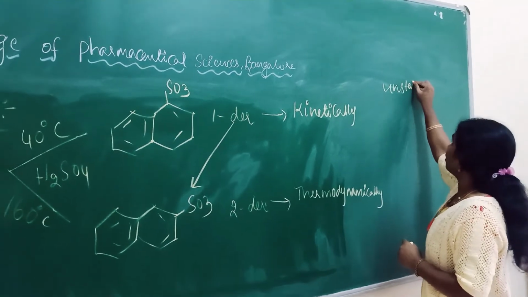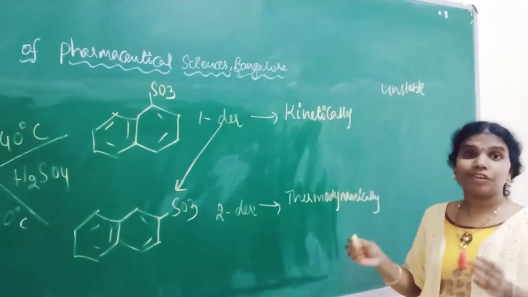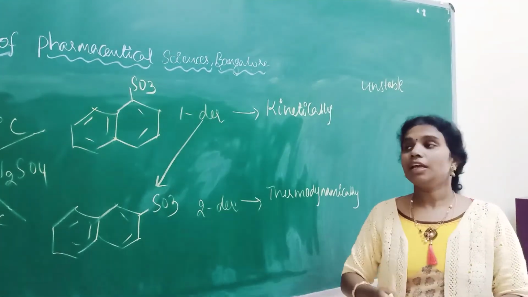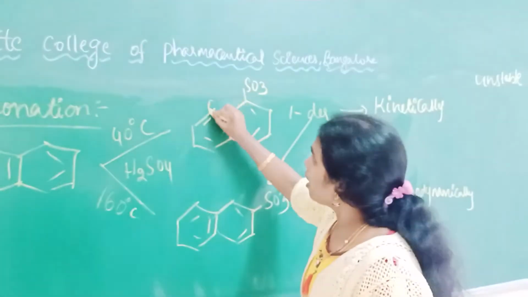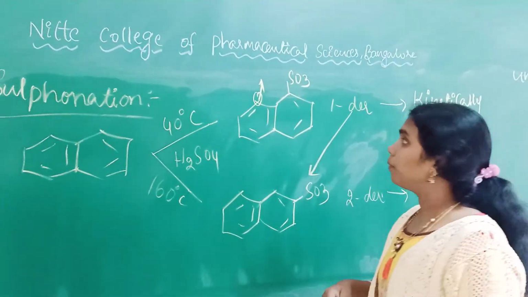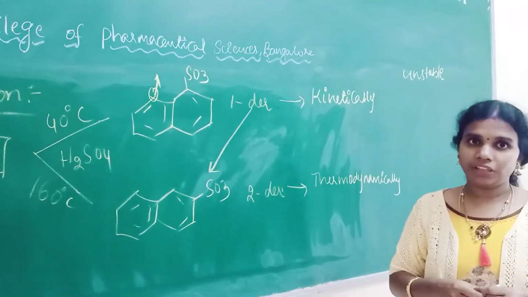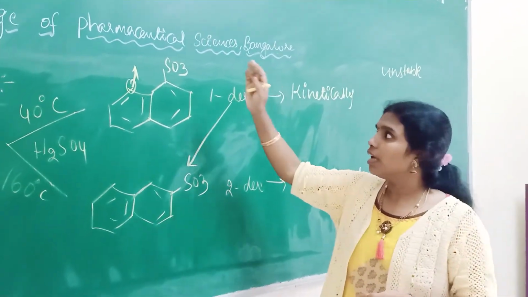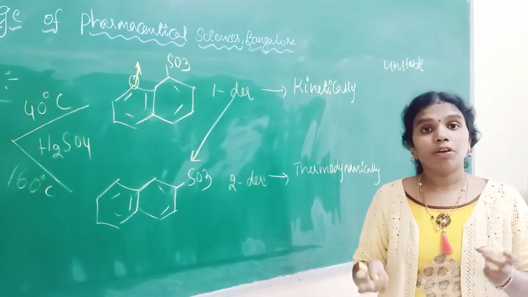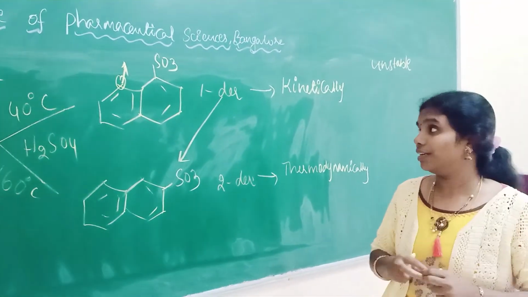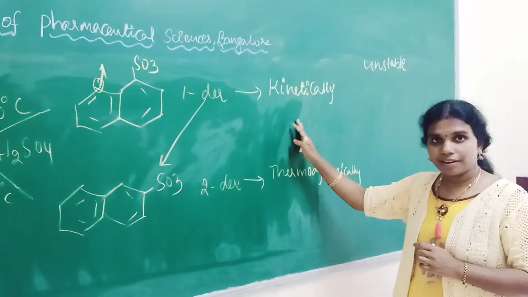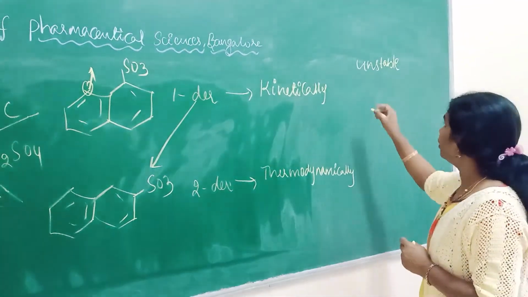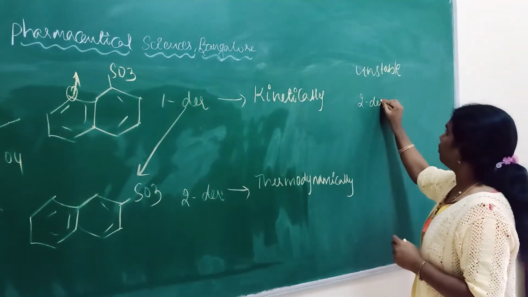Why? It's not the exact reason, but there may be steric repulsion at the 8th position of naphthalene, between the hydrogen and the sulfonyl group. Because of this steric hindrance, the 1-derivative is unstable and converts into the 2-derivative.